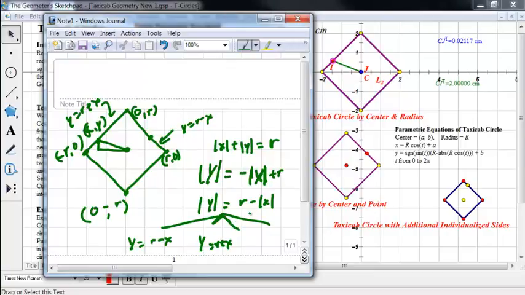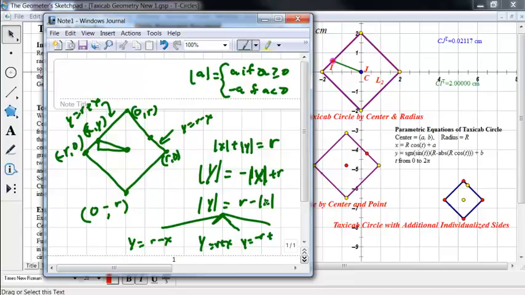Well, remember the absolute value of a is a if a is positive or 0, and it's the opposite of a if a is negative. We're using that piecewise definition of absolute value here. So in this quadrant, both y and x are negative, so we get negatives both places. So when we finally solve for y, we're going to divide by negative, so it's negative r.